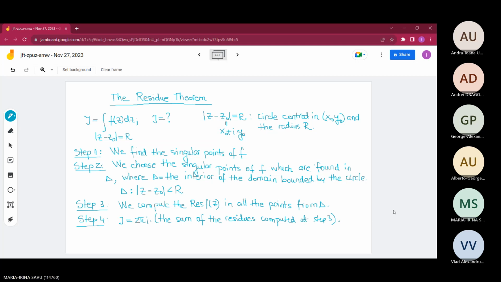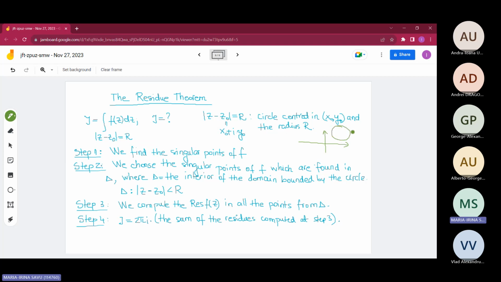And this is it. So you see that this theorem is very easy to be applied. You have a function, you have to obtain the singular points, to choose the points which are in the interior of the domain bounded by the circle, which is this disk actually, to compute the residues, to sum, and to multiply it by 2 pi i. So in this case, the circle is this one.